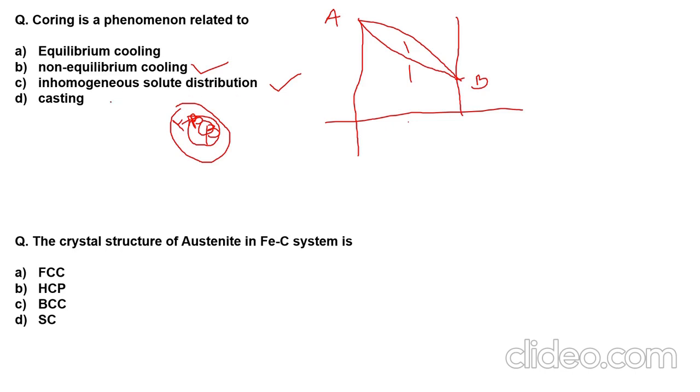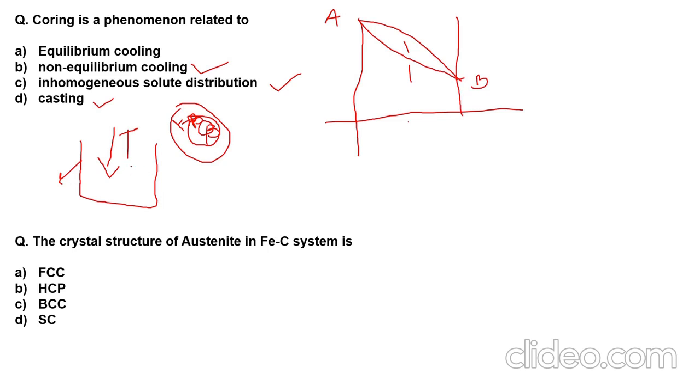And this can also happen in castings, because normally when you put your melt in a mold, this mold is always at a lower temperature, at room temperature, while your melt is at a very high temperature. So the mold will have different heat losses along the wall and along the center.